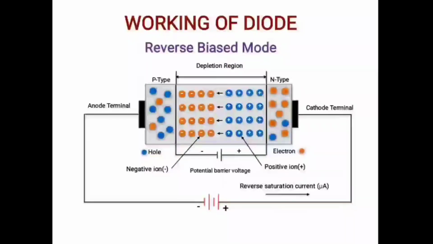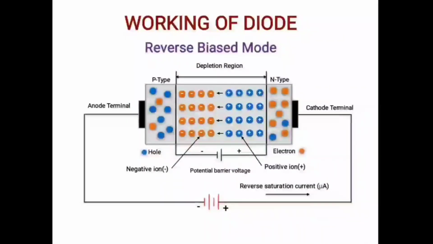Only minority charge carriers in both regions will be able to cross the depletion region. As the minority carriers are very few compared to majority charge carriers, a very small amount of current in the microampere range will flow from N side to P side region. It is known as reverse saturation current.